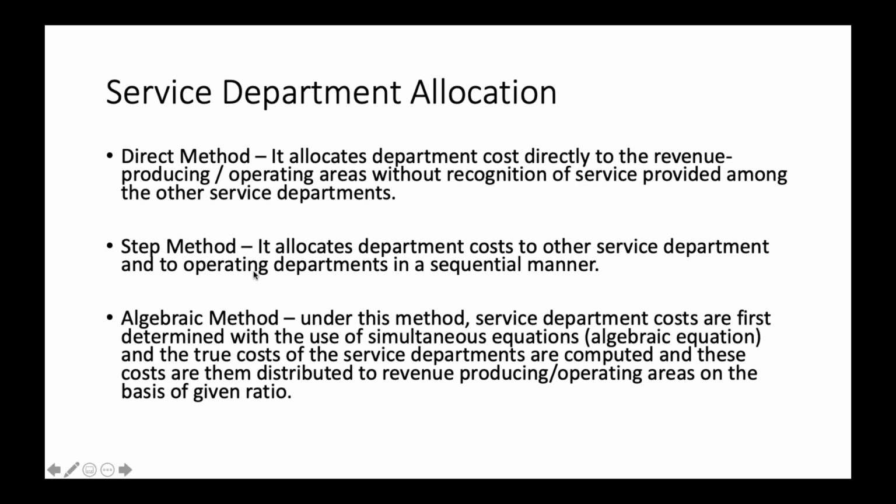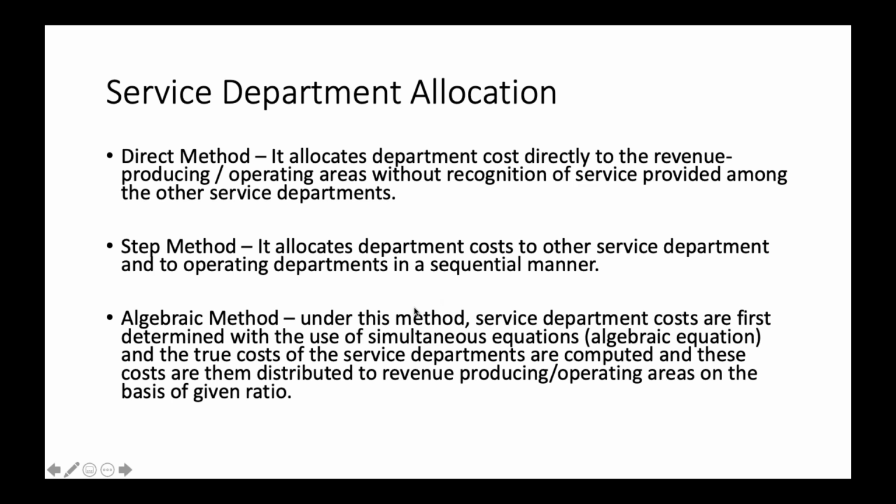In the step method, it allocates department cost to other service departments and to operating departments in a sequential manner, meaning there will be some order of how we are going to allocate first the cost of a particular service department to the next department and to the last department. There will be no other cost of a service department to be transferred to another department.